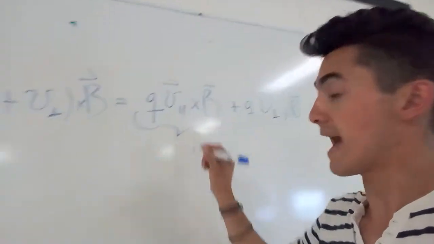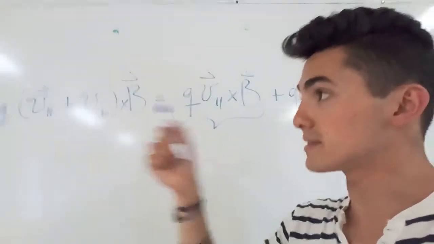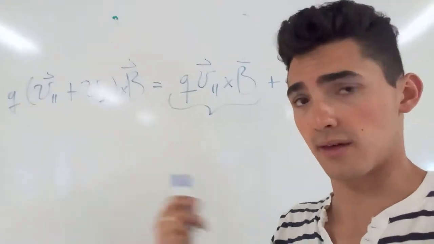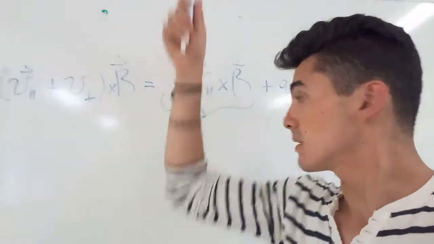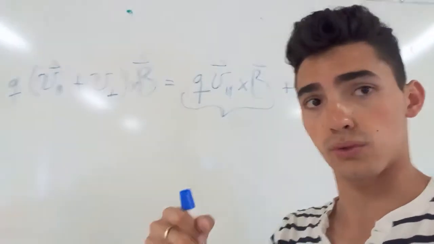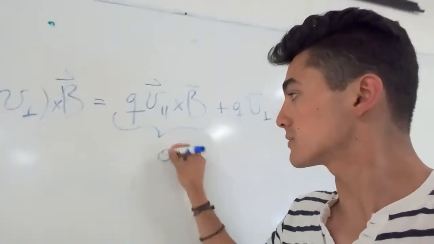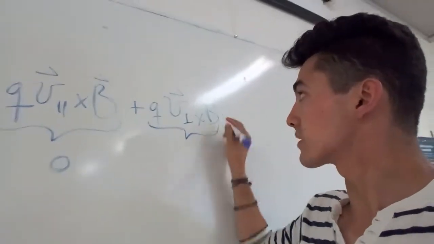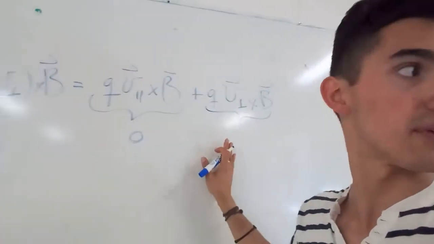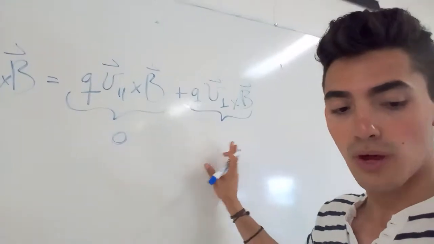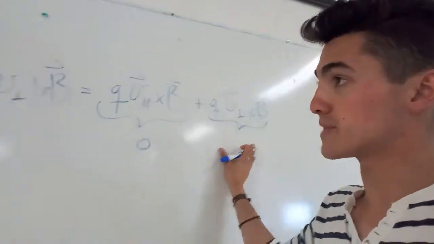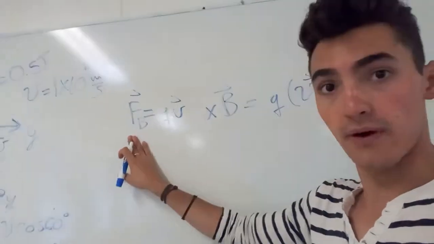And this first part, as we said, is constant when it enters the magnetic field, because it enters along the direction of the magnetic field. So this will be equal to 0. So we are only left with the perpendicular part, and we have to obtain the magnitude of our force.